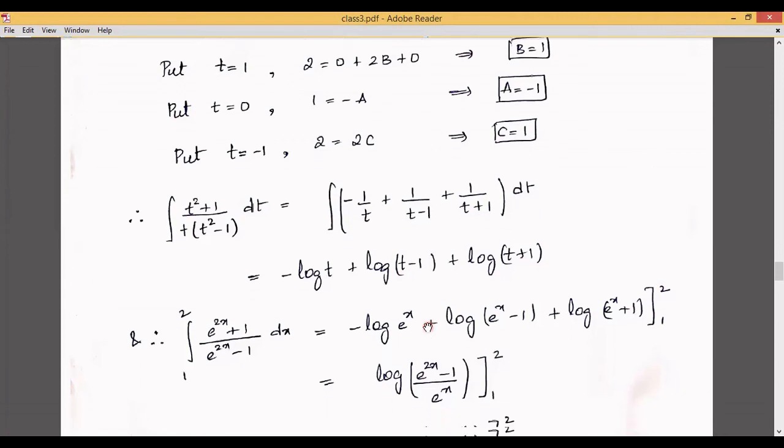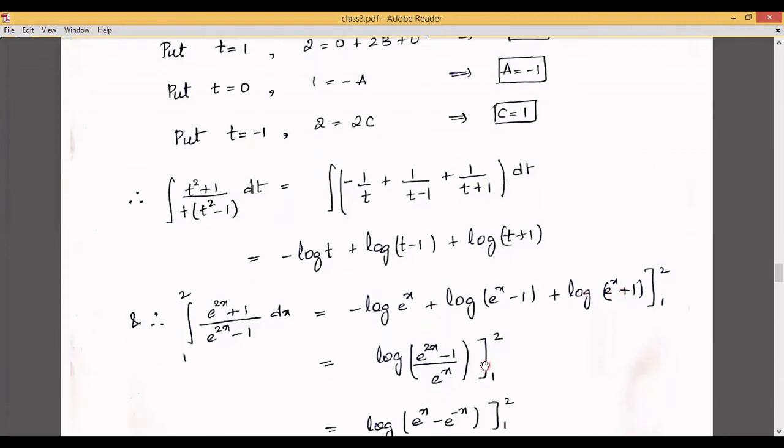That's it. So here I have just used the properties of logarithms. See here, log m plus log n is log mn. So here e power x minus 1 into e power x plus 1 will be e power 2x minus 1, by the a plus b into a minus b formula.